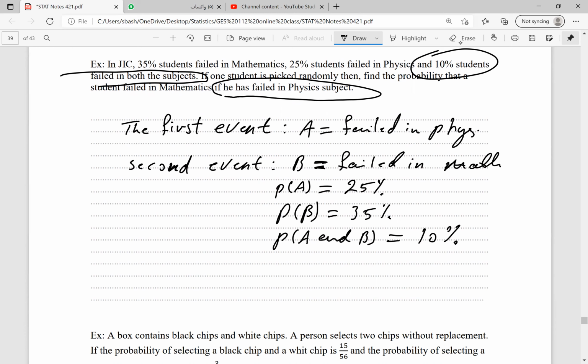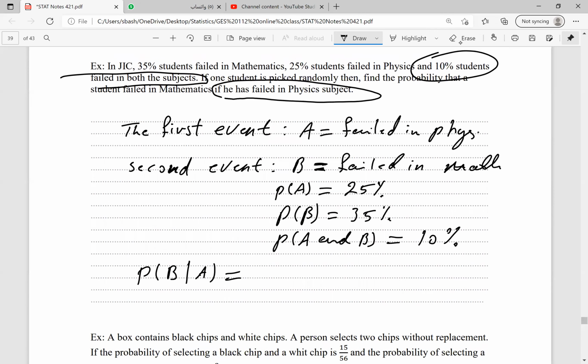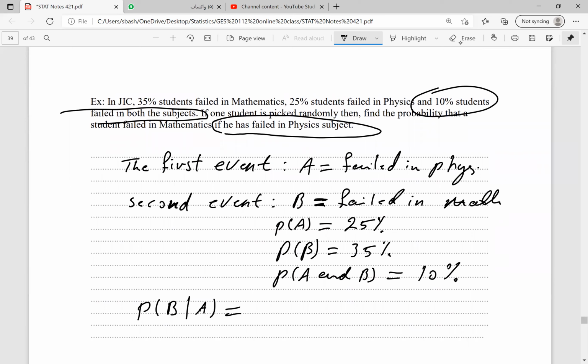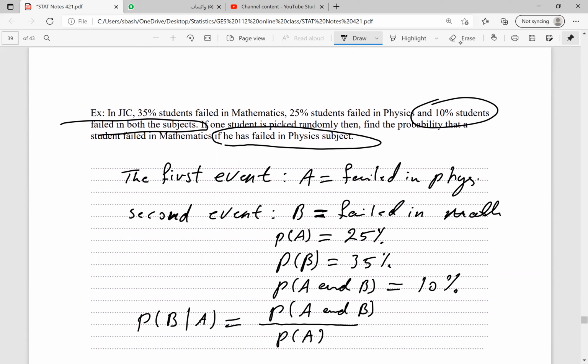So we need to find P of B given A, which is failed in math after he failed in physics, and by the rule it is P of A and B divided by P of A. Usually, always the second one will be down.